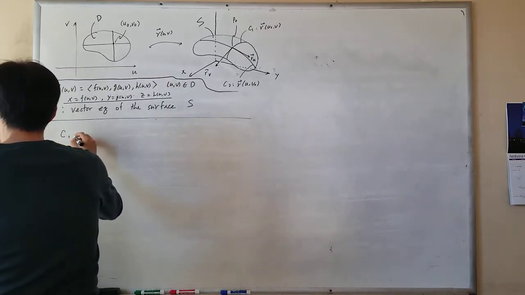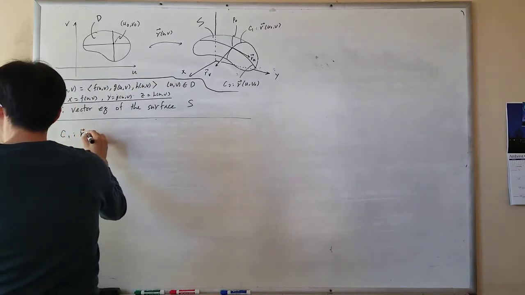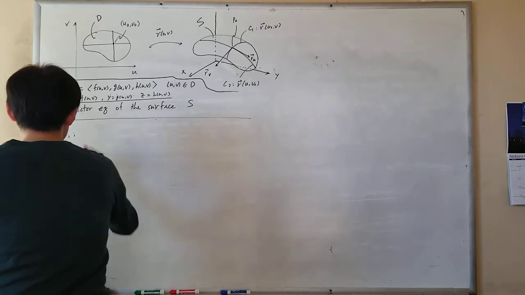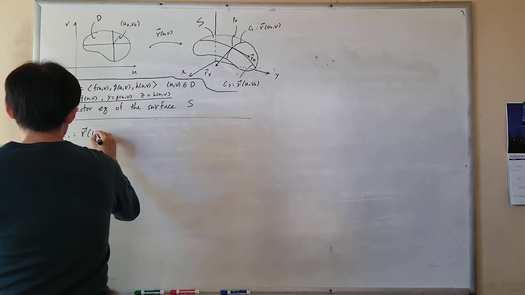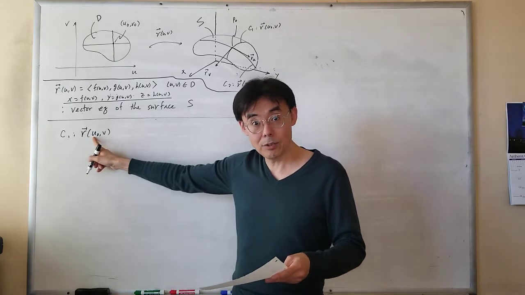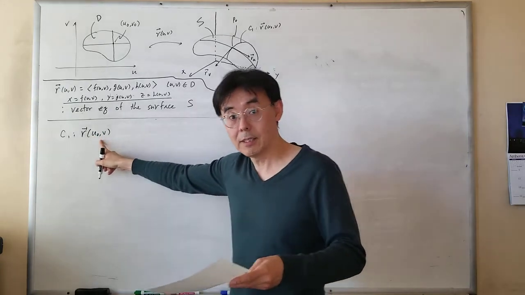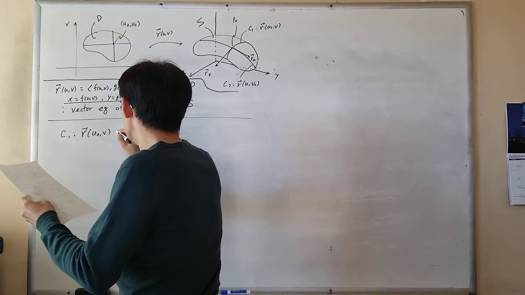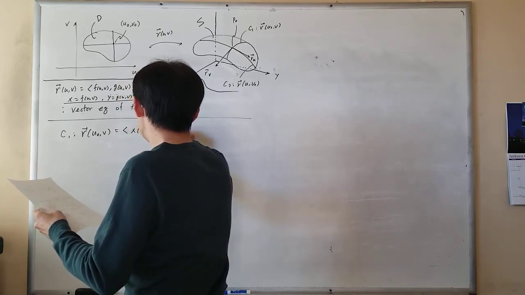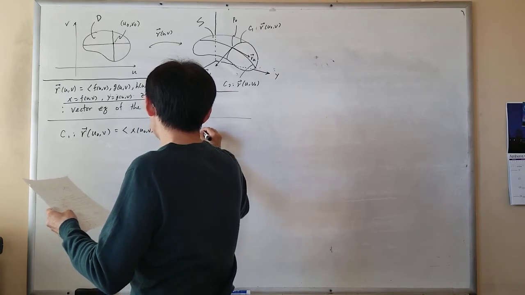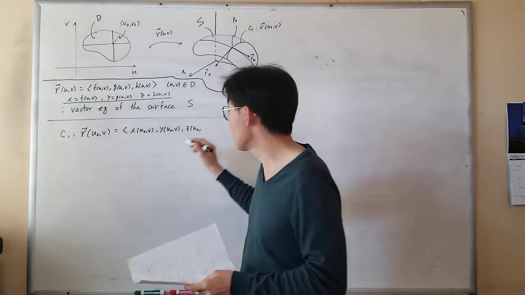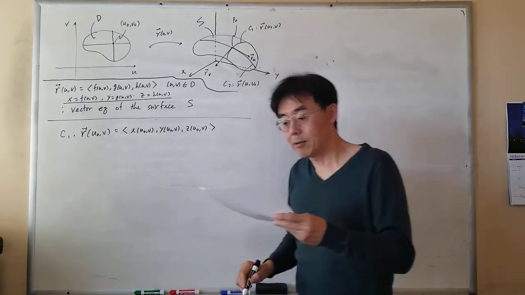we can consider some grid curves. For example, the first grid curve, C1, is obtained by fixing the u value at u0 and only letting v vary. So that means x of u0, v, y of u0, v, z equals h of u0, v. So u0 is a fixed constant. Alright?